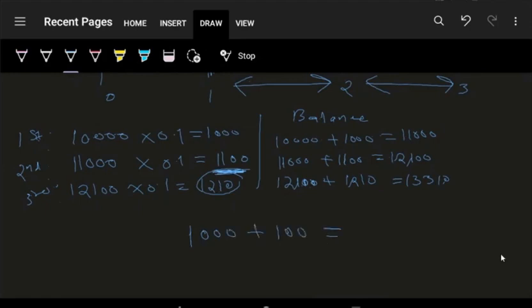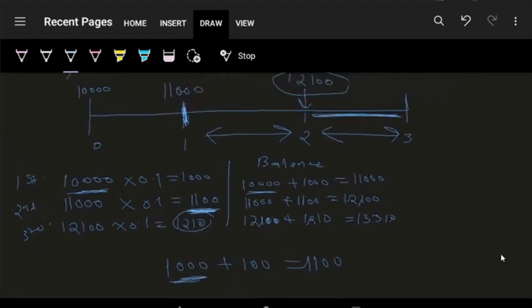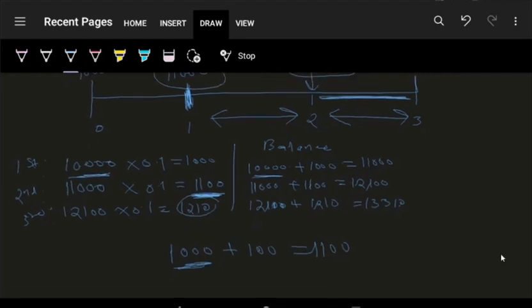The total is 1,100. So this part comes from the capital. So here the balance is 11,000, and in the second year, the interest came out to be 1,100.